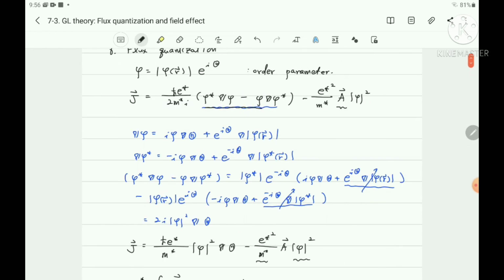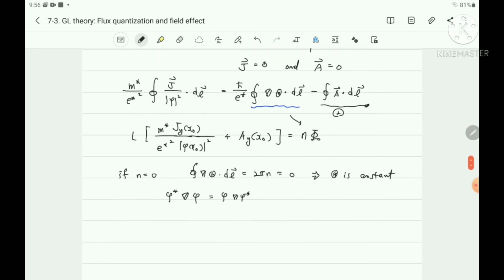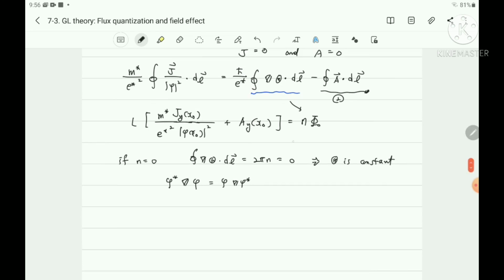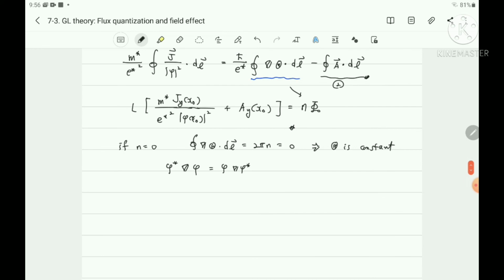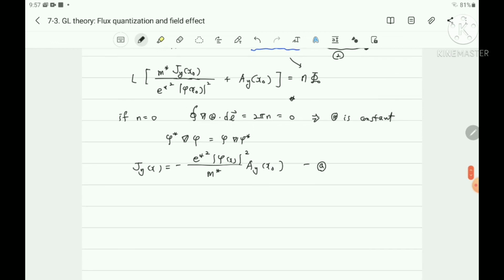This term goes out, and anyway from this equation, in the case of n equal to 0, jy of x can be calculated like minus e star square phi x square over m star a y x0. Let's define it as equation A.